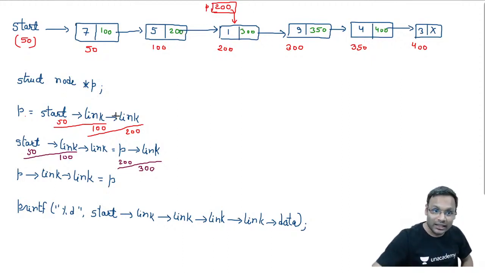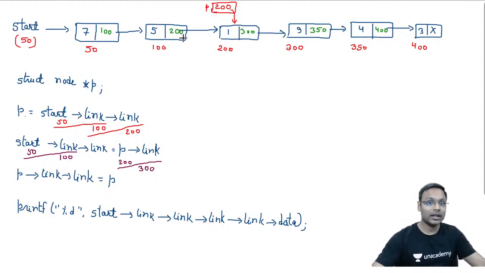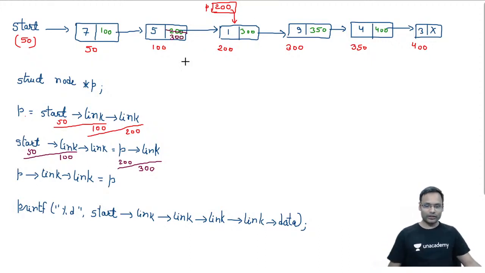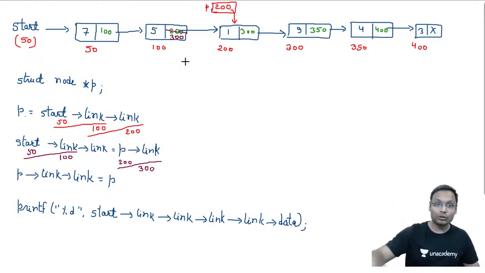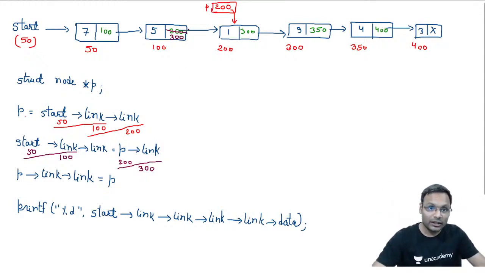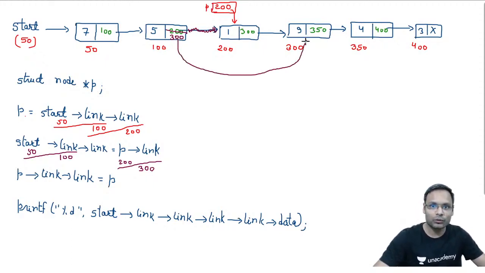This 100 ka link part you update by 300. Make it 300 now. If you are making it 300, it means now this link will be broken and 300 means address of this particular node will be pointed.